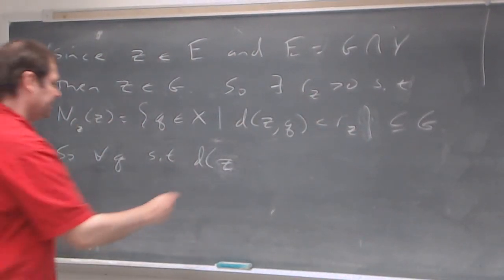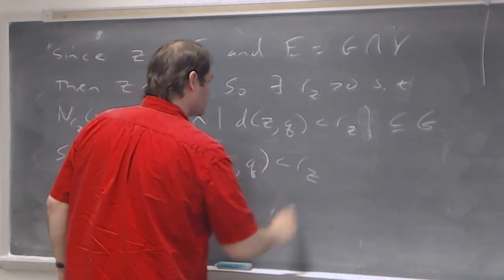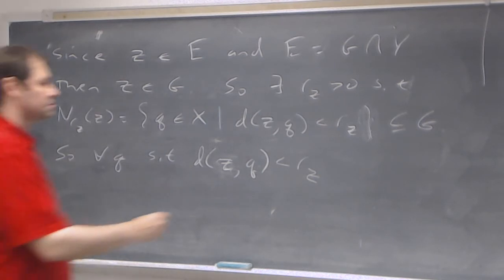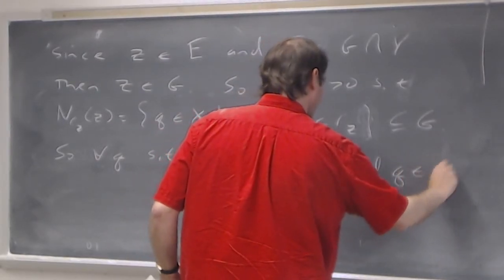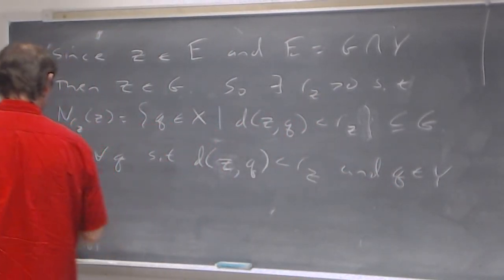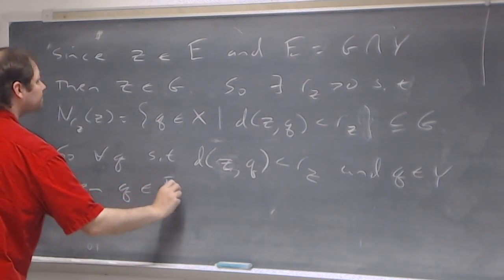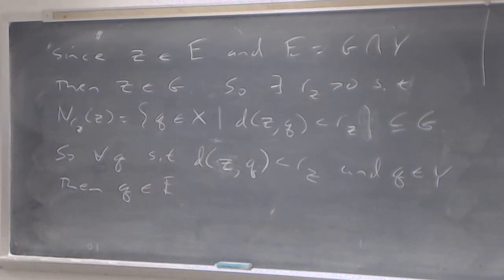So it's that d(Z, Q) is less than R. So for all Q's that have that, and Q being an element of Y, then Q will be an element of E. And that's what we wanted to show.